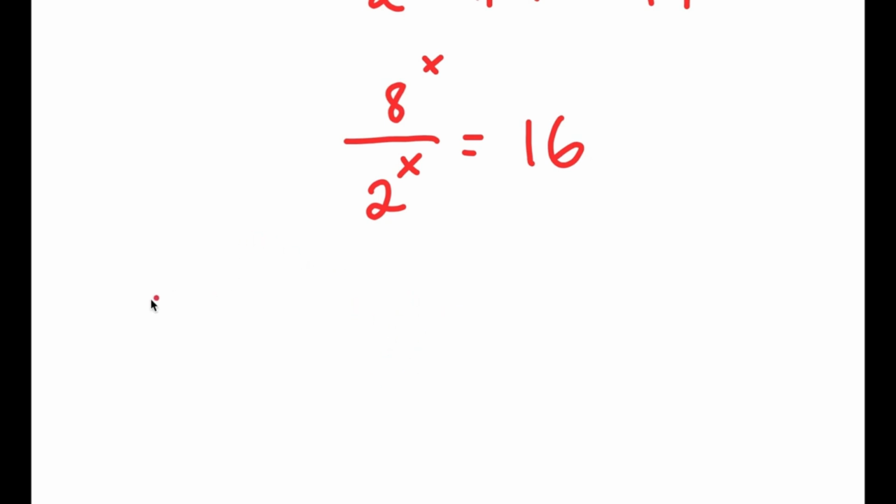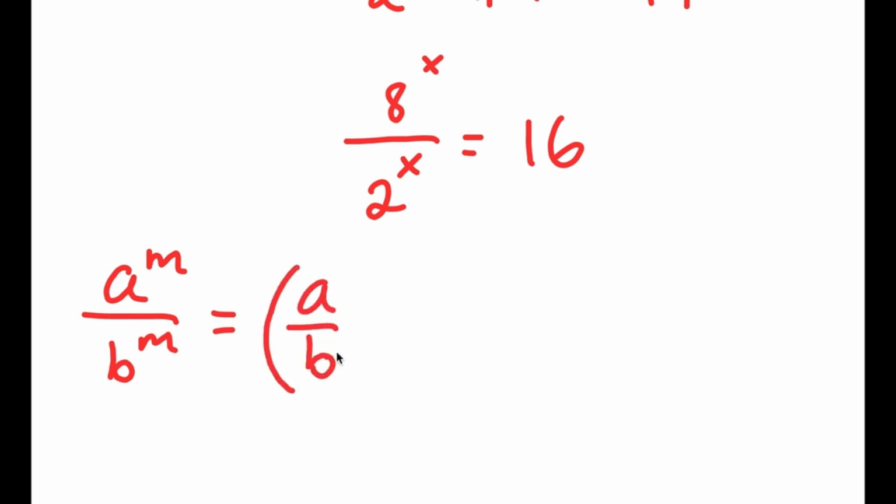Now, if I have something in the form a to the power of m over b to the power of m, this is the same thing as a over b to the power of m. So in this case, I have a to the power of x over 2 to the power of x, and notice how both the exponents are the same.